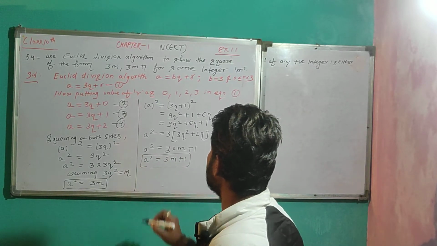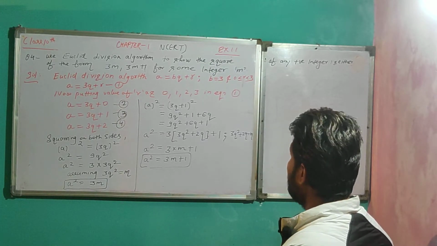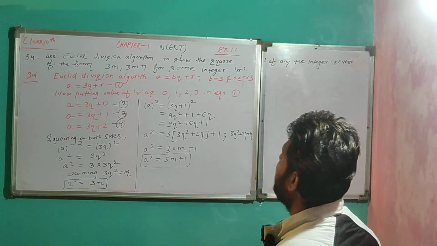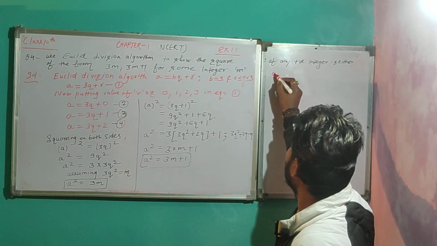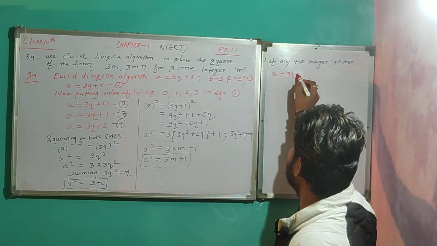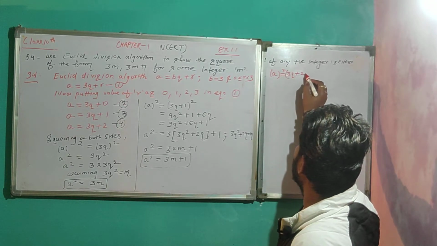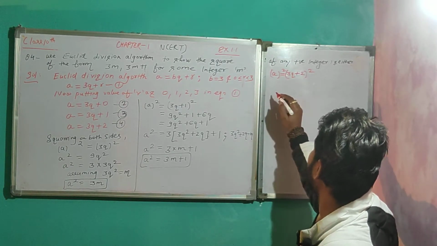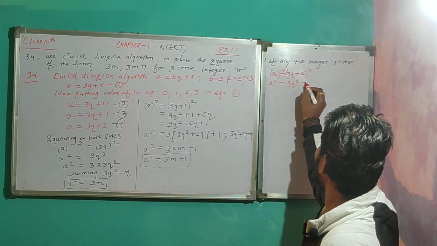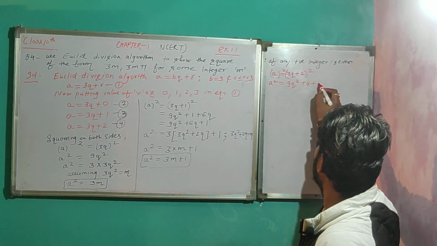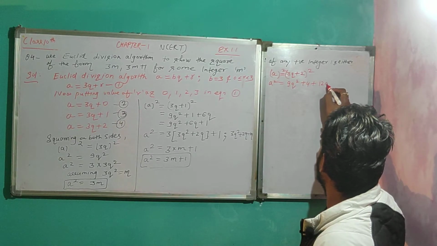Now similarly, using equation number 4, a is equal to 3q plus 2. Squaring both sides, a square is equal to 3q plus 2 whole square. Solving, a square is equal to 9q square plus 4 plus 12q.